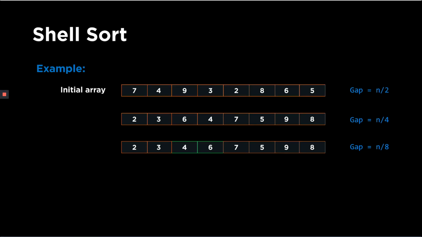Next, we are going to compare 6 and 7. They are already sorted, nothing happens. Now 7 and 5 are compared. Here again, they are out of order, so we swap them: 7 and 5 will be swapped.